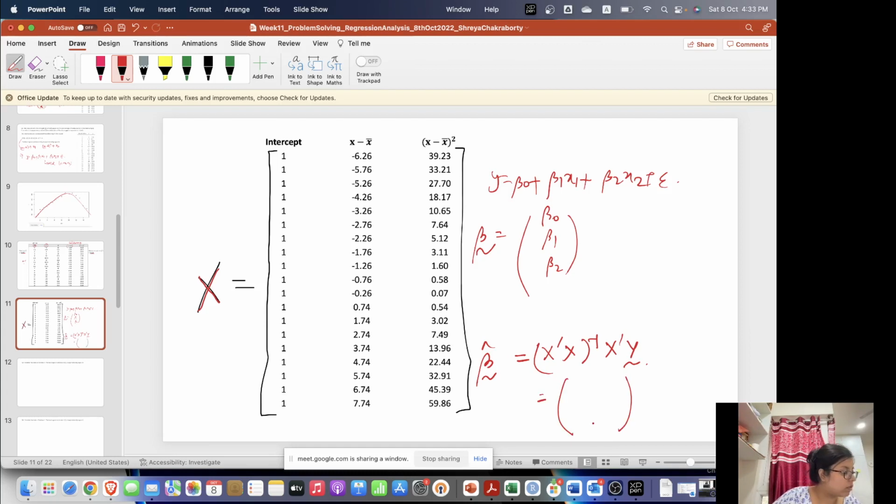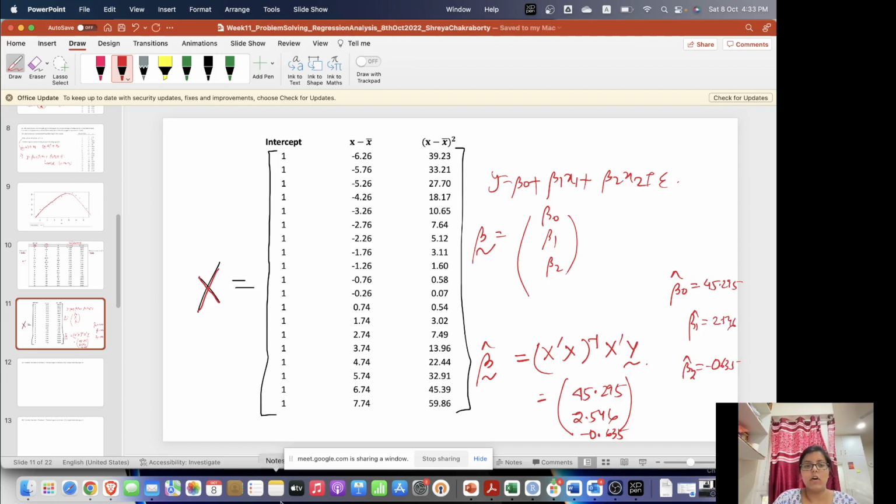Let me look at what comes. It is 45.295, 2.546, minus 0.635. So beta naught hat is 45.295, beta 1 hat is 2.546, and beta 2 hat is minus 0.635.